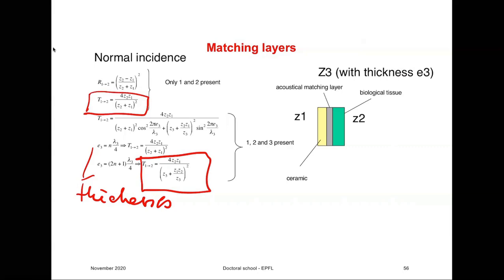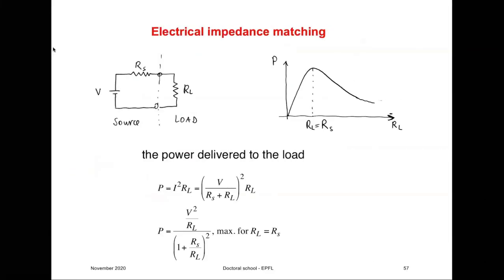So when you go to ultrasound imaging, they will usually put some kind of gel on your body, and this gel has, among others, the role of improving this transfer of acoustical energy from the transducer into your body. This is very similar to electrical impedance matching.